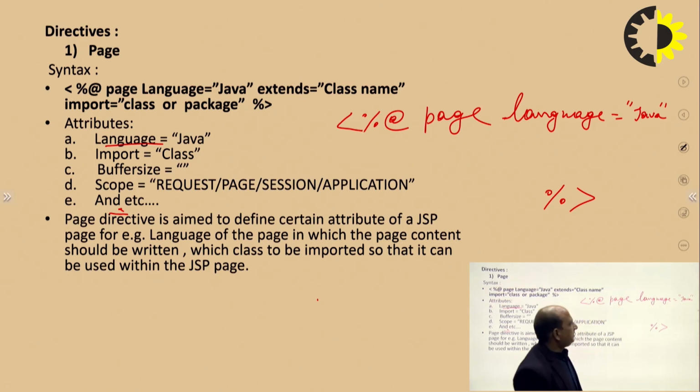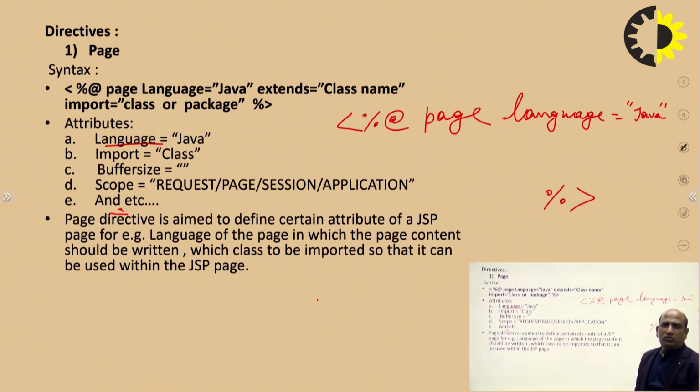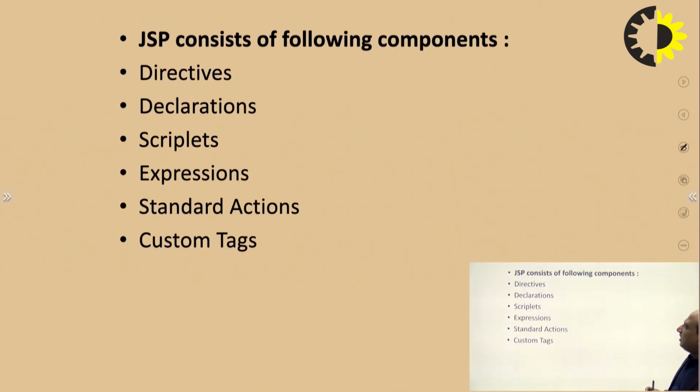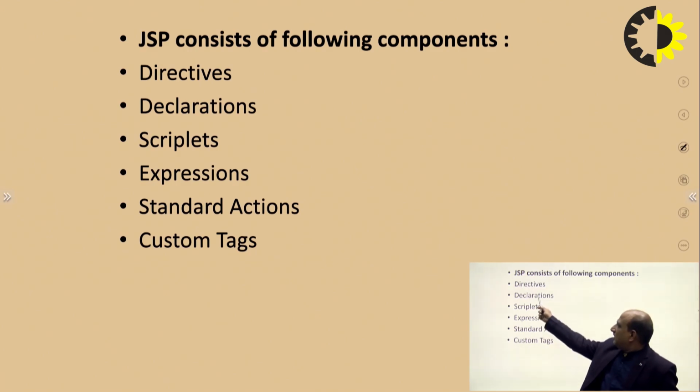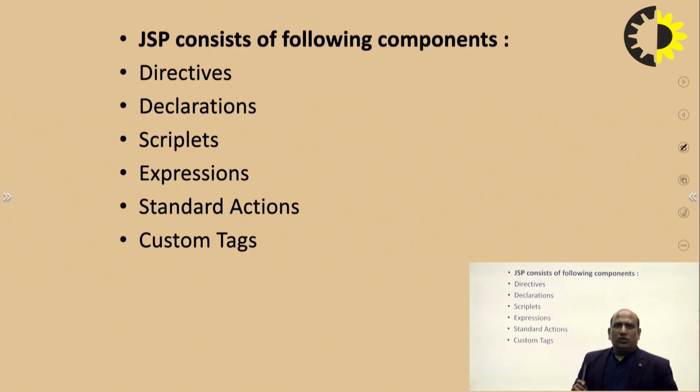So this directive tag that uses language equals to Java means whatever is written in the scripting tags, expression tag, declaration tag, that we will see just now, whatever you write there follows the syntax of the Java language.